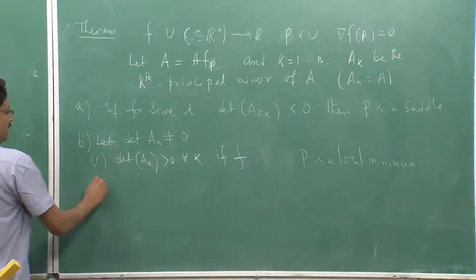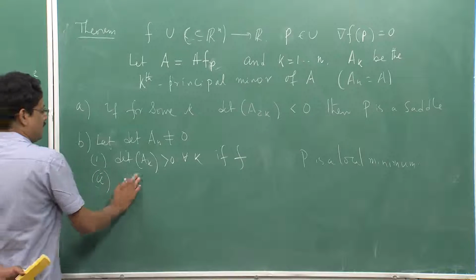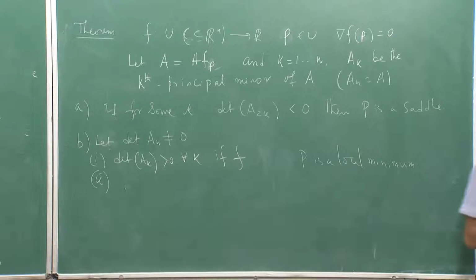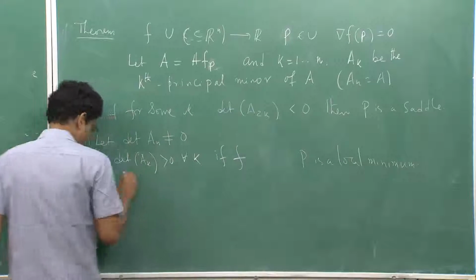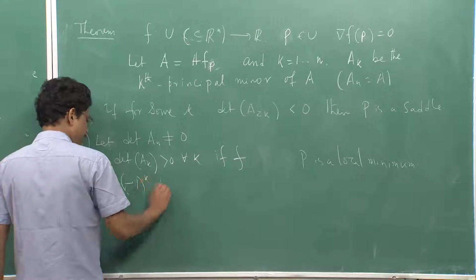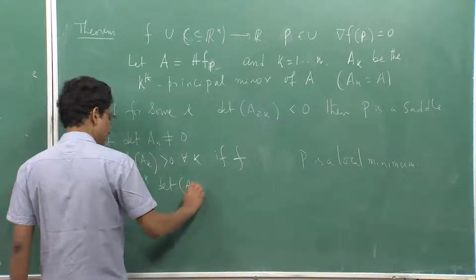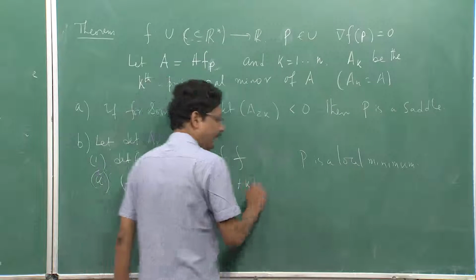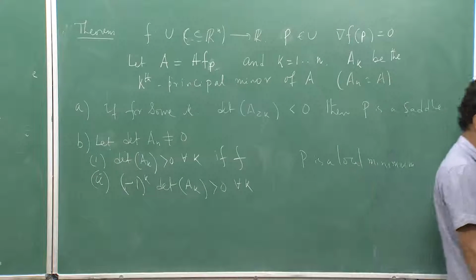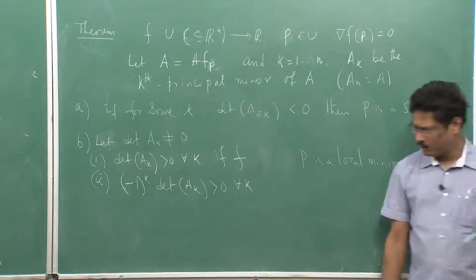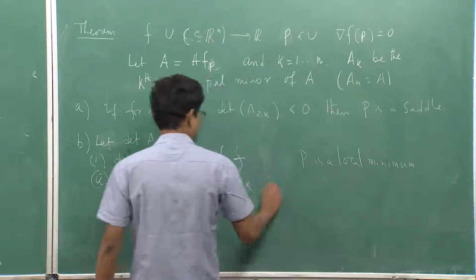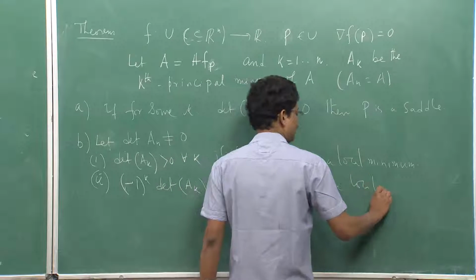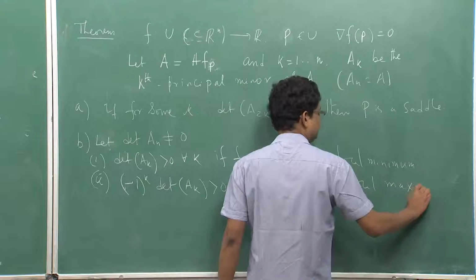And minus 1 to the power k times the determinant of A_k is greater than 0 for all k if and only if P is a local maximum.